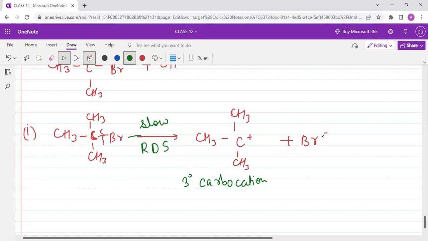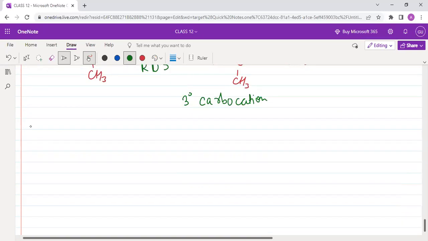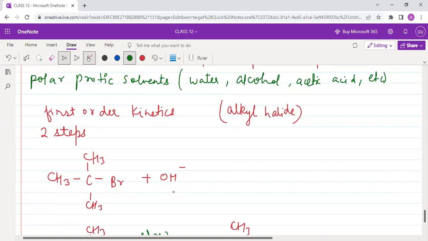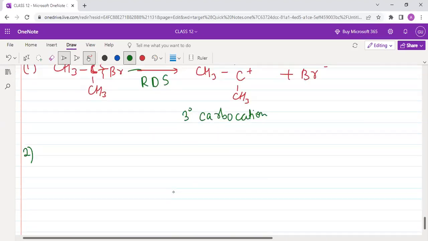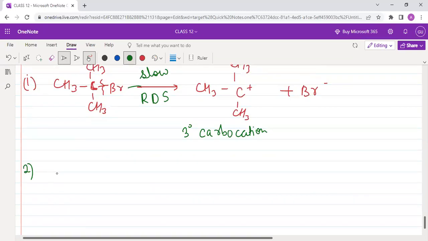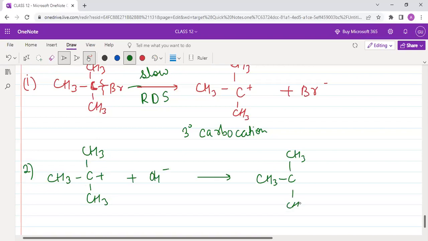In the second step, this carbocation is attacked by our nucleophile, OH minus. (CH3)3C plus plus OH minus forms (CH3)3C-OH.